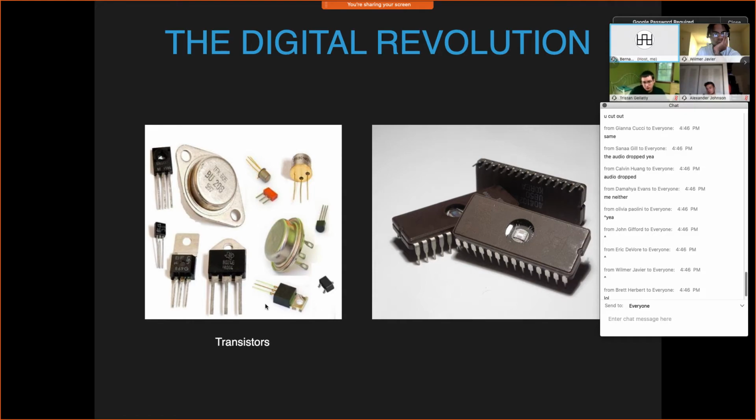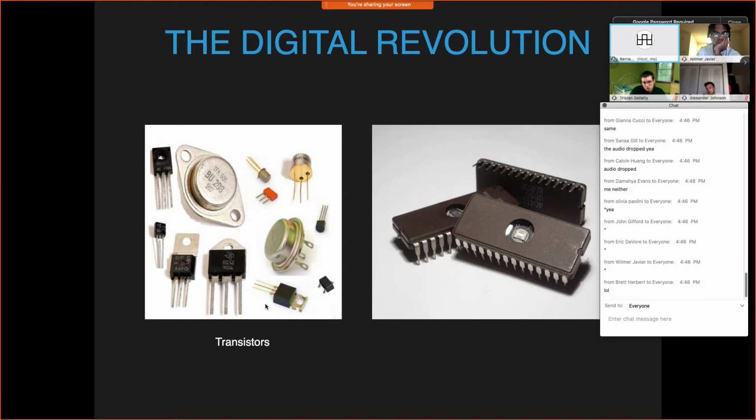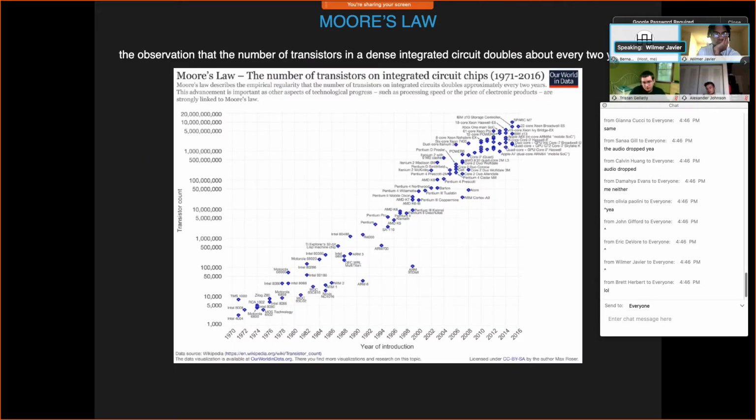And over time, they got cheaper and cheaper. In 1953 was the approximate date when these integrated circuits were starting to be in production and you could buy them.